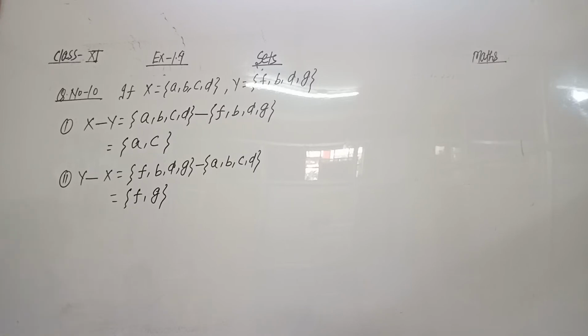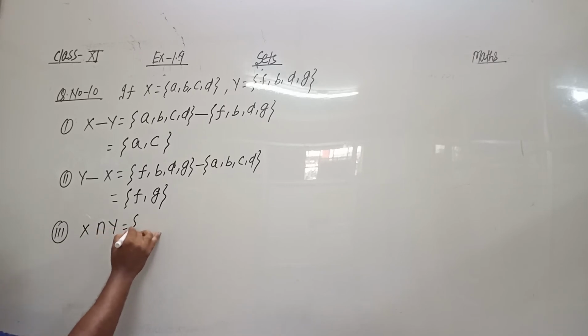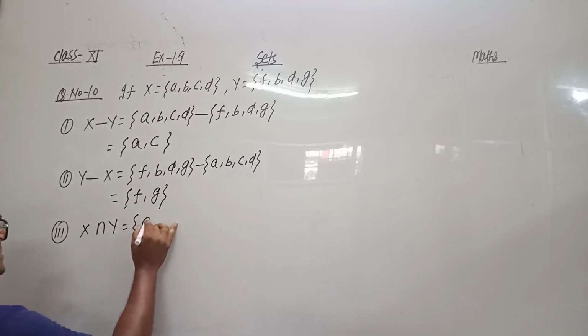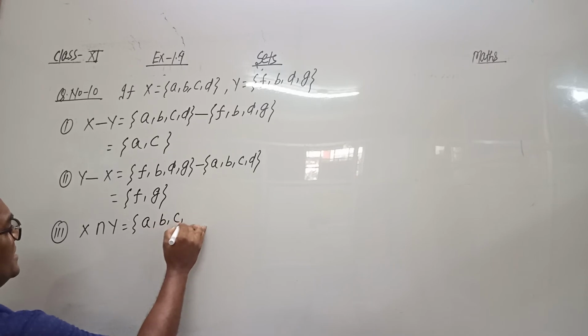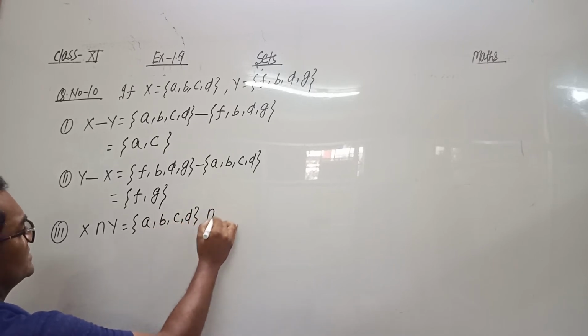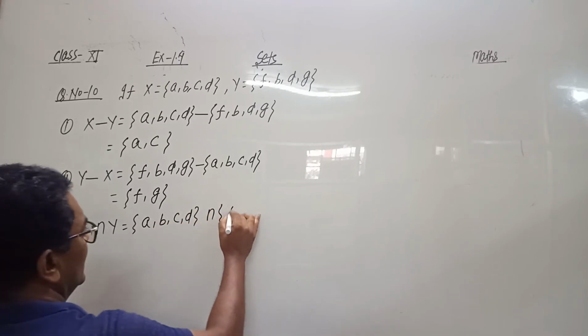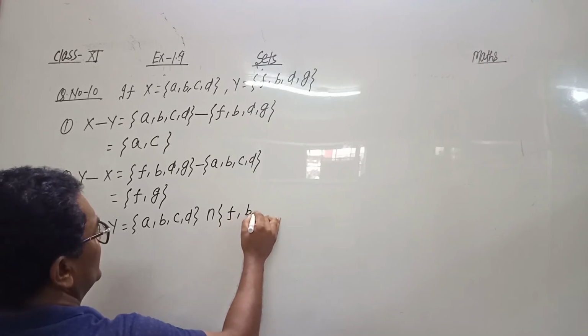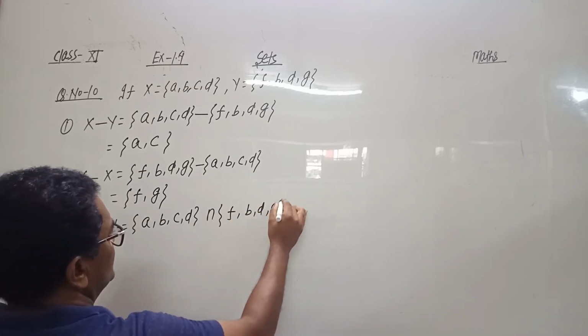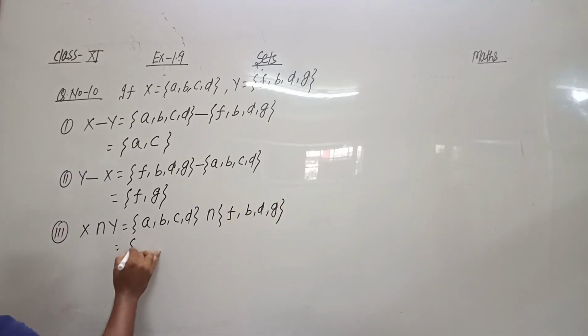Then X intersection Y. Third part, X intersection Y. The value of X is {a, b, c, d}, intersection, the value of Y is {f, b, d, g}. We have to select the common terms.